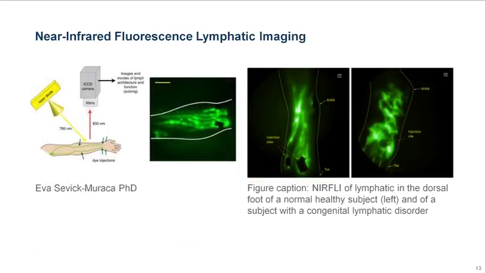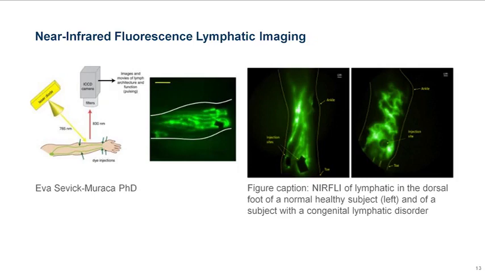Near-infrared imaging, a science advanced by Dr. Eva Sevic Maraca, has demonstrated that lymphatic dysfunction exists within advanced venous disease. By the introduction of indocyanine green into the subdermal lymphatic collection system, we can note in the initial panel that there is normal function.